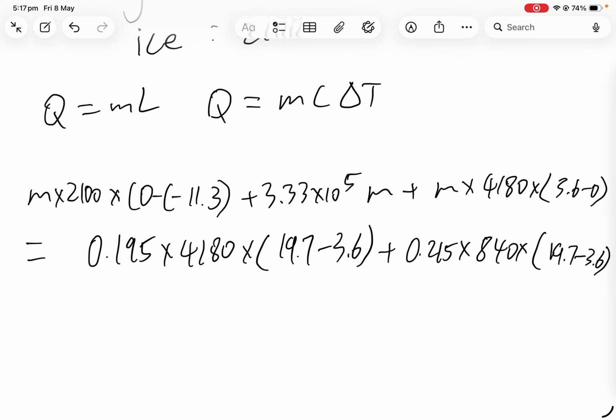Let's simplify that. m is the common thing inside these equations, and we just add the rest of them.